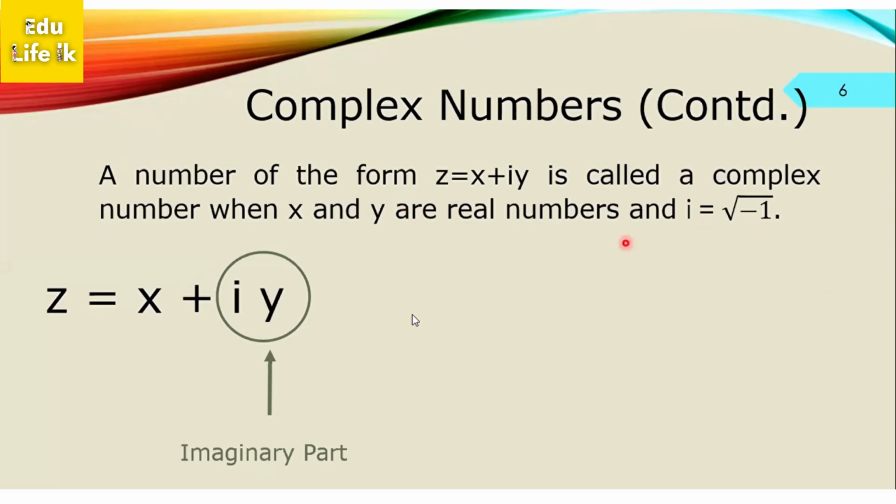And it says i equals root of -1. Normally, when we are discussing the square root of a number, it should be a positive one, because we are not discussing the square root of negative numbers, as they do not exist. That's impossible.